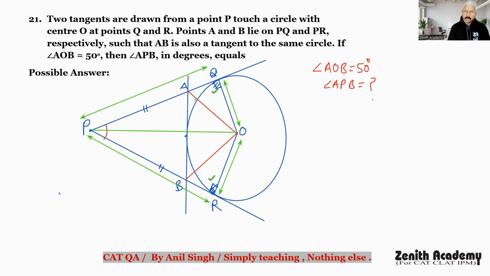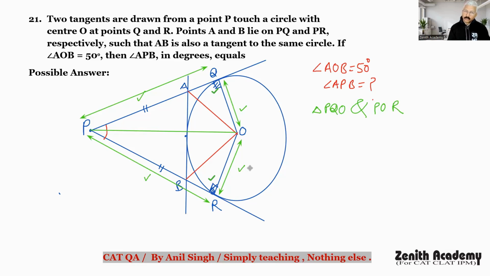So in these two triangles, in triangle PQO and in triangle POR, this is equal to this, this equal to this, and side PO is a common side.